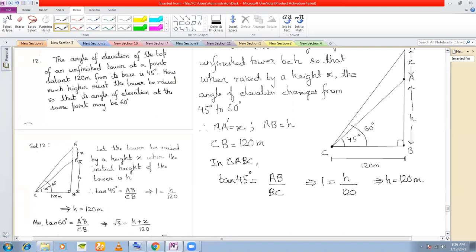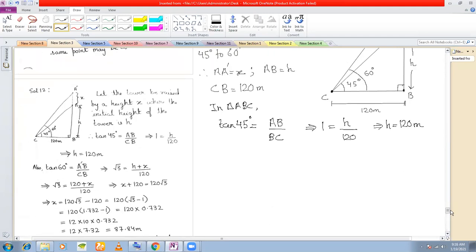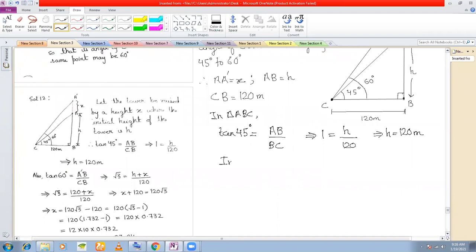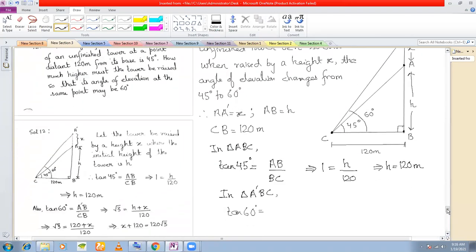Now we will proceed to find x. This time we'll use the bigger right angle triangle A dash BC. In triangle A dash BC, tan 60 degree is equal to the perpendicular, A dash B, divided by again BC.